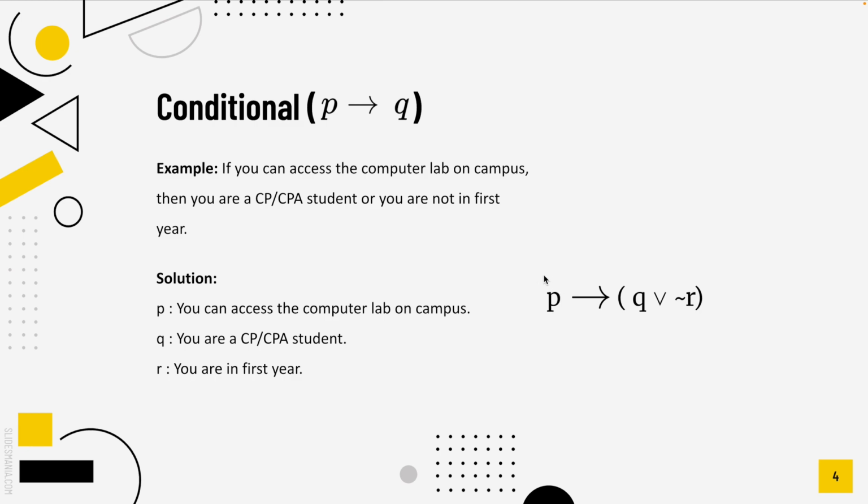If you can access the computer lab on campus, then you are a CPA student or you're not in first year. Okay, so the implied comes from where the then is. If you can access computer lab, then you are a CPA student or you're not in your first year.